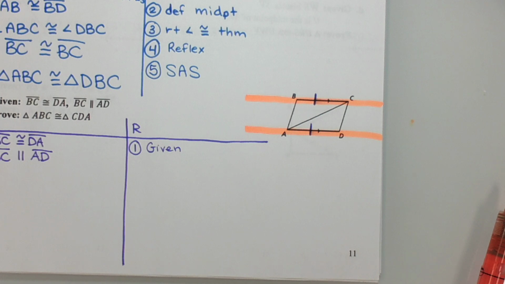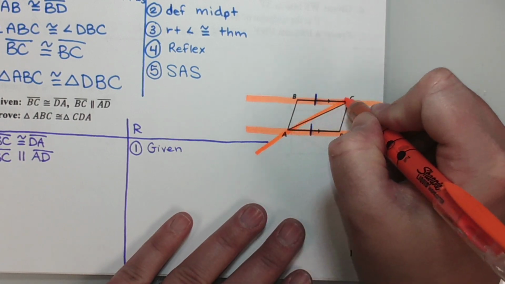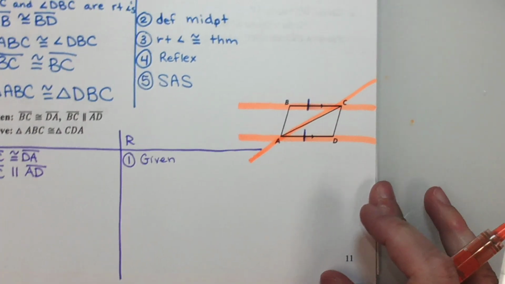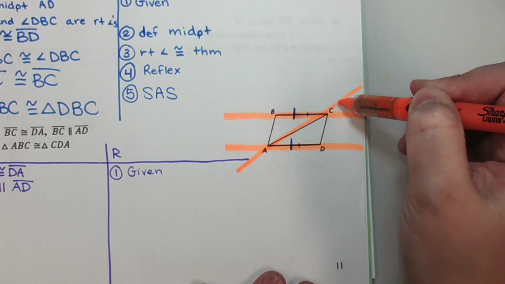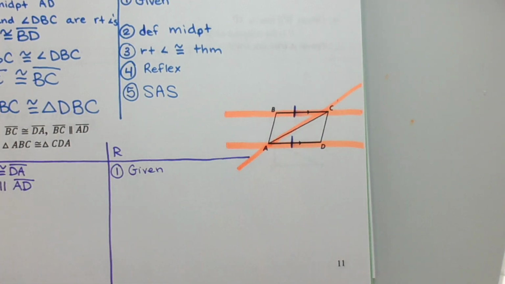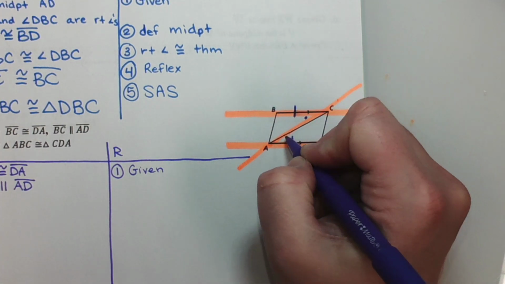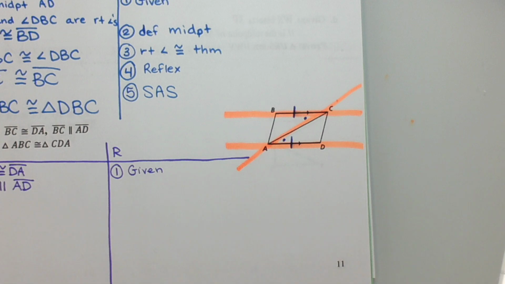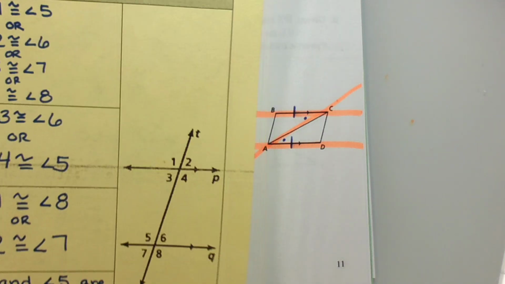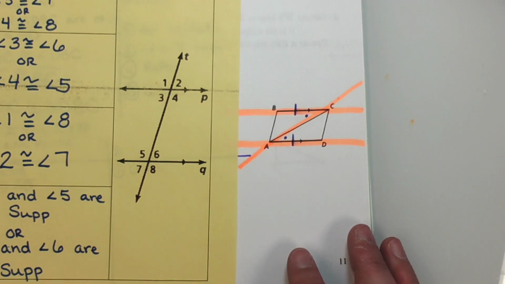So, the third one that's going to be helpful is this line. Because that line, that transversal, makes an angle in this triangle and an angle in this triangle. It makes this angle and this angle. I need to know what kind of angle pairing those are.